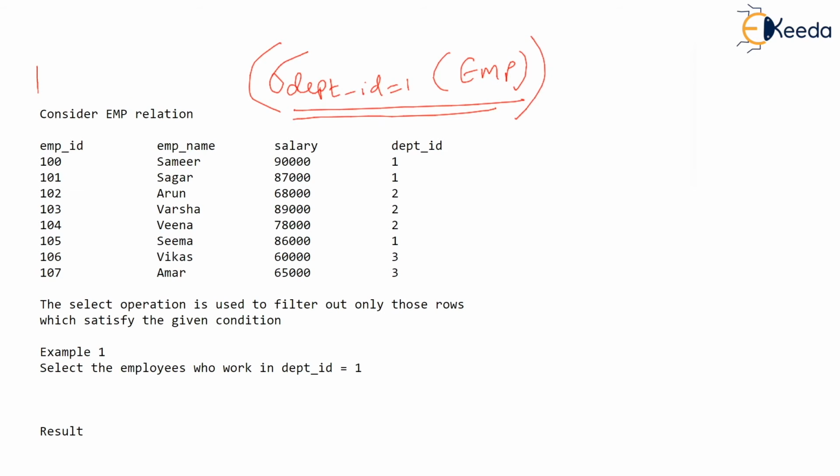What do you say? Now the result over here will be only EMP ID and EMP name, correct? And we will get employee number 100 because that person works in department ID 1, and we will get 101, and we will get, I think, 105. And the names, as you see, Samir, Sagar, and Veena.